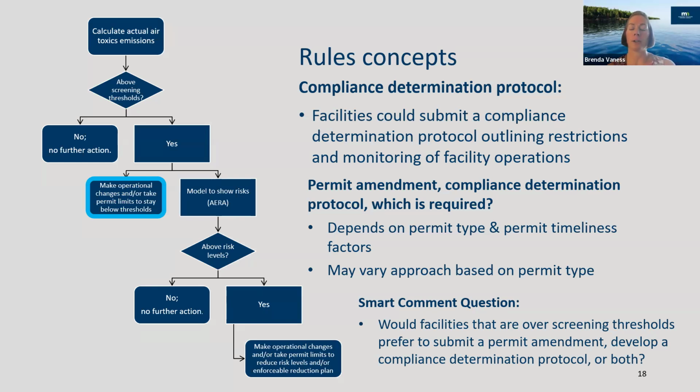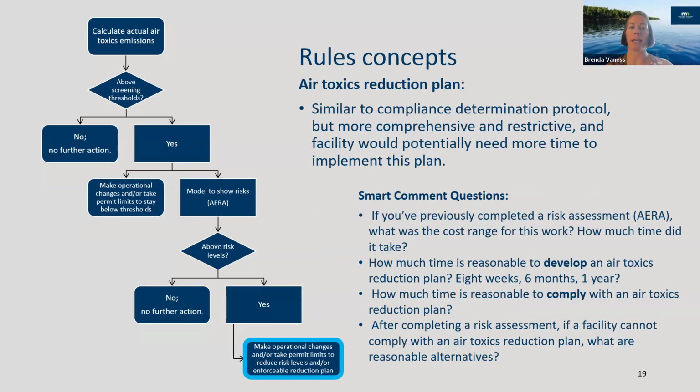And as Cassandra had mentioned, the next step in this flow chart, if a facility cannot get below the screening thresholds, the next step in the process that they'll have to do is to model to determine what their risk levels are. Again, if a facility is not above risk levels, there's no further action.